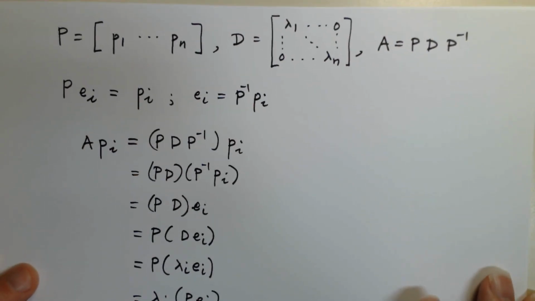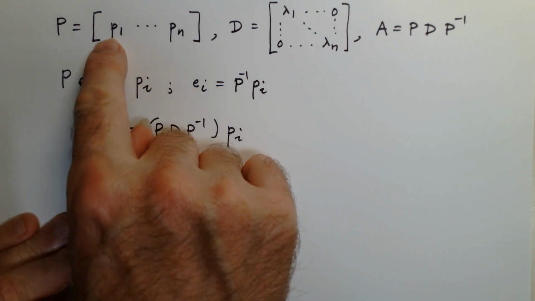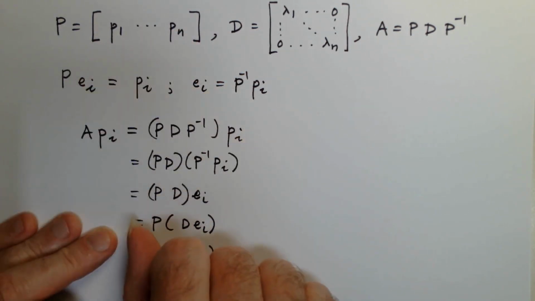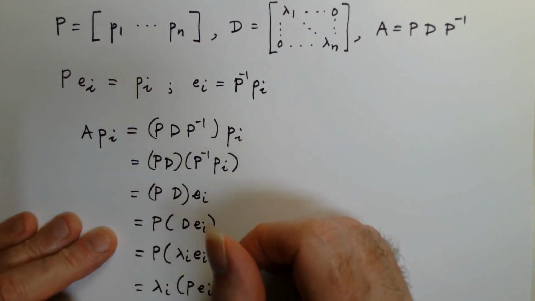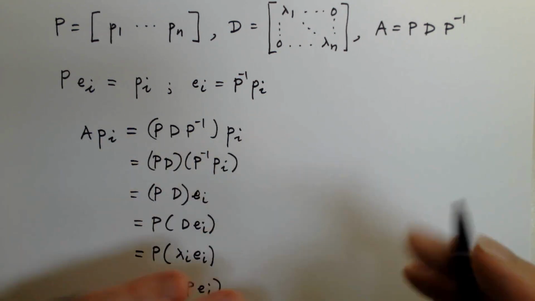Now, we want to make one more observation. Since this matrix P is invertible, we know from our fundamental theorem on invertible matrices that this collection of eigenvectors is linearly independent. So let's pay attention to that fact too.